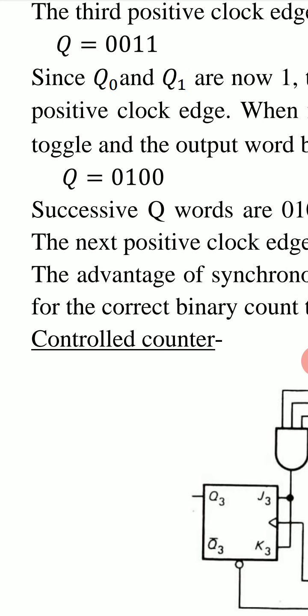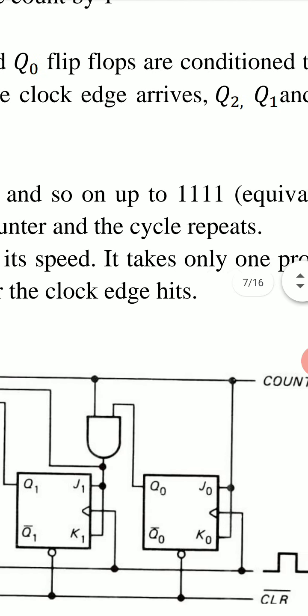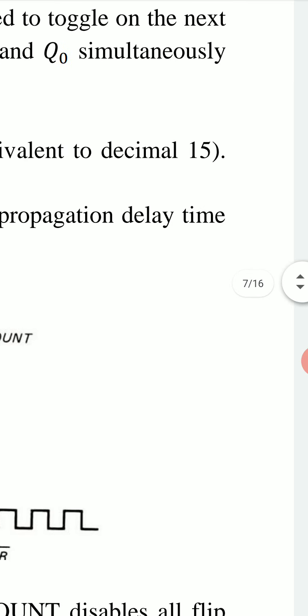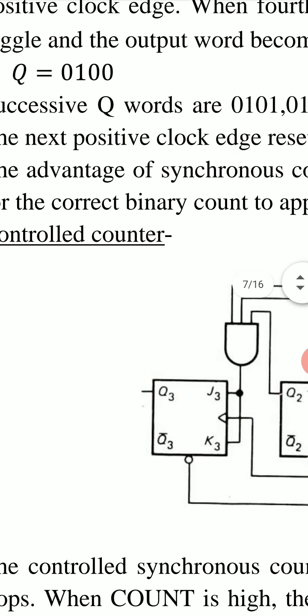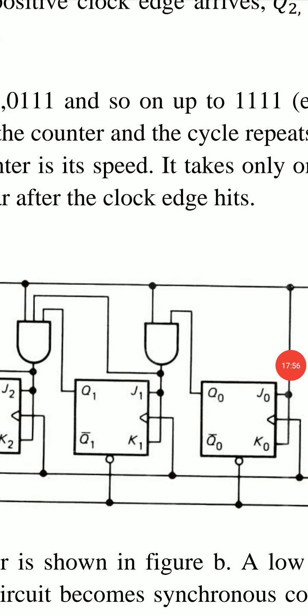Successive Q words are these, and so on up to 1, 1, 1, 1, equivalent to decimal 15. The next positive clock edge resets the counter and the cycle repeats.